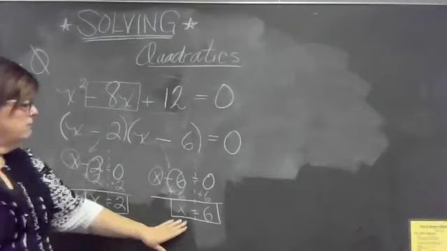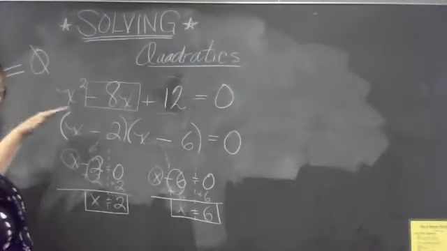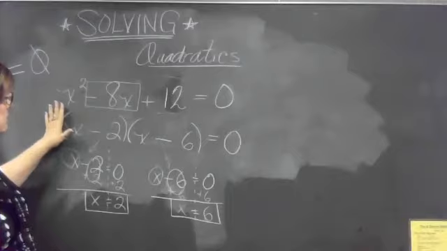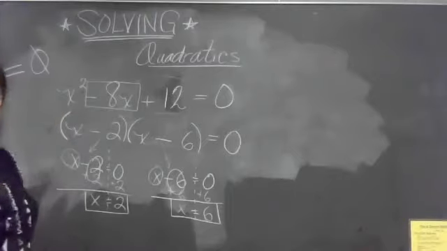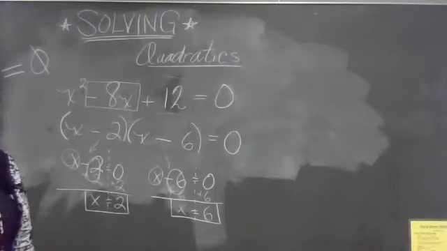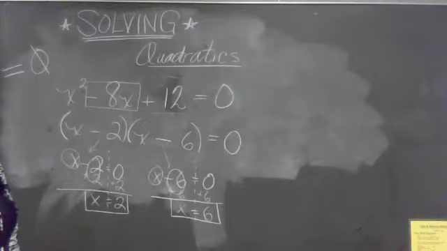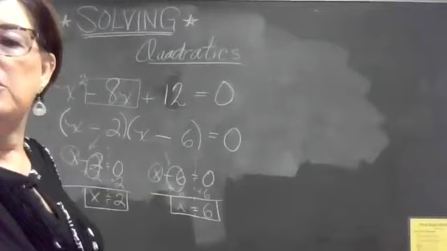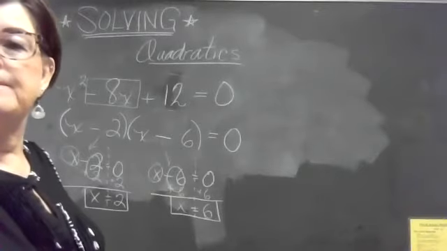And this is how you solve. Do you see how short a trip it is from factoring to finding out what x is actually equal to? Pretty good. We're going to do several others.